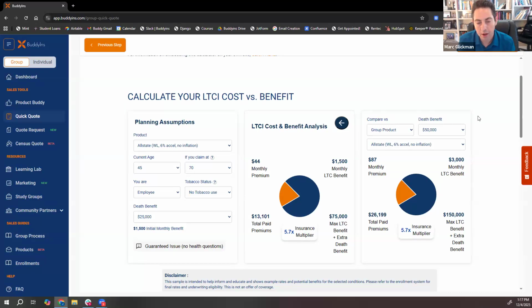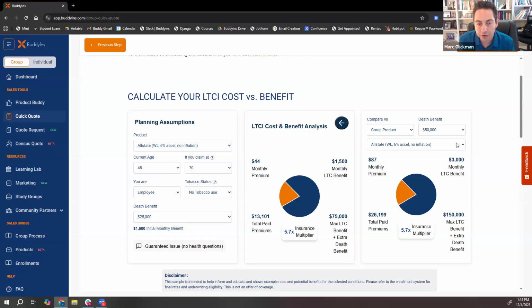So we do have another design on Benefit Buddy, like a simplified design that we use for some of our enrollments that doesn't show the total paid premiums or the insurance multiplier at all. It's more of a simpler quoting tool where you have the price and the benefits, and that's it. Because the purpose of why they're buying this is a little bit different.